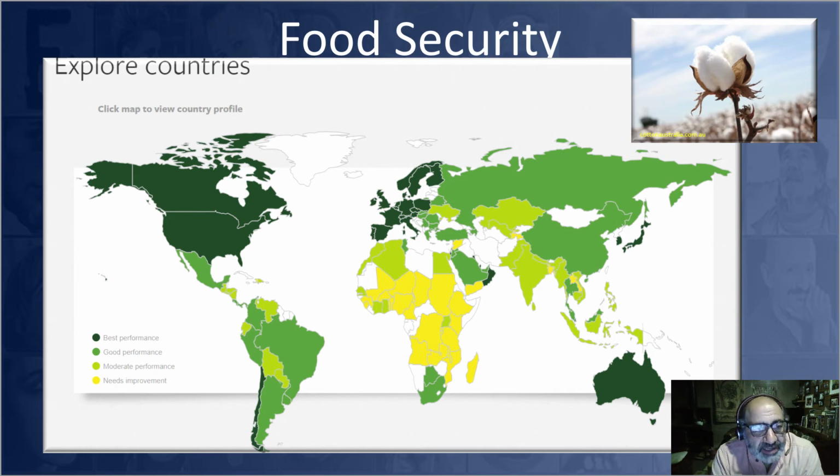And we've got the dark green as the best performance in terms of food security. Australia, Western Europe, North America are the ones that have an abundance of food. And then green to the yellows, which needs improvement in there. Indeed, we've got countries like both China and Saudi Arabia that have food security programs in place, and they're buying farms all over the planet to secure food for their people.